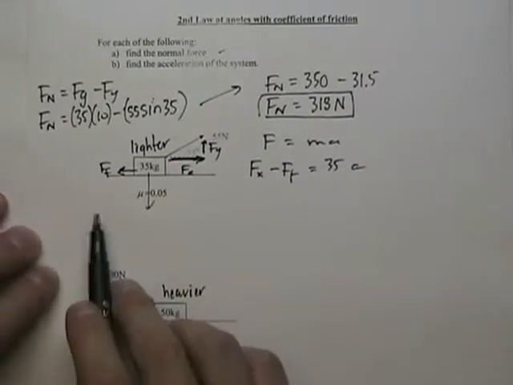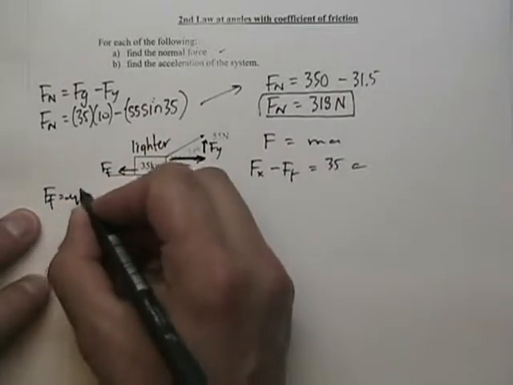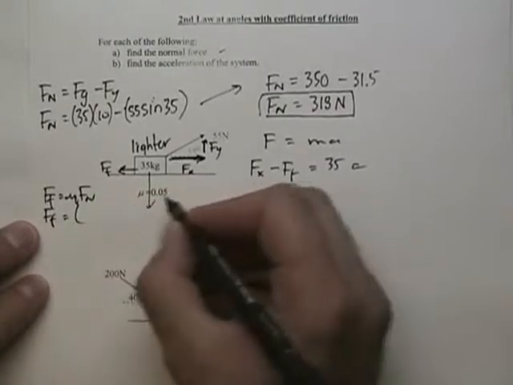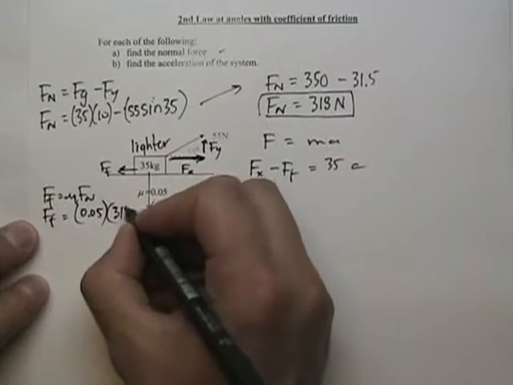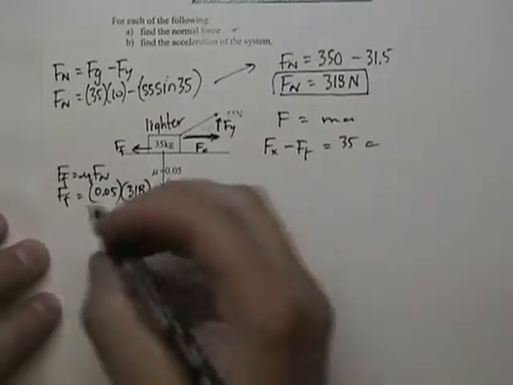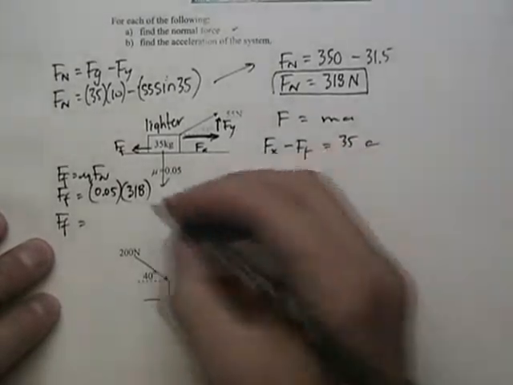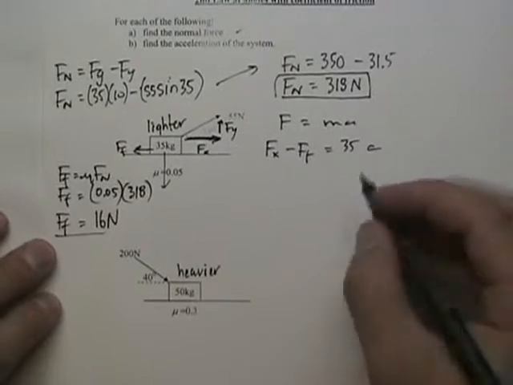I'm going to find my force of friction. Remember, your formula is mu Fn. So my force of friction is 0.05 times that 318 that I found, which is 16 newtons. Now I can go back over here.